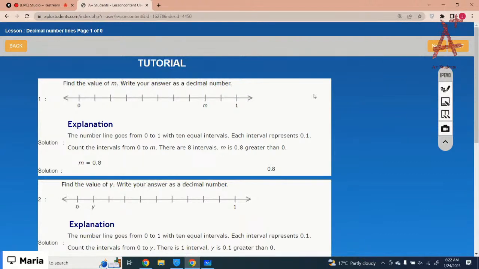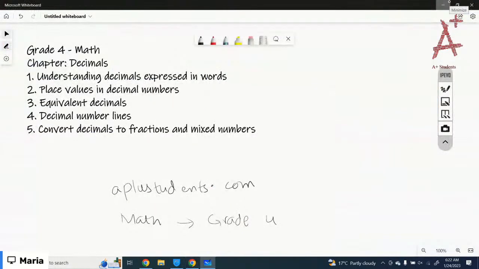So basically, let me just explain the number lines for decimal values. Got it? Decimals are the values that are between 0 and 1. For example, here you have 0, here you have 1. For example, you have 0.2. 0.2 means that the number is greater than 0 but less than 1.